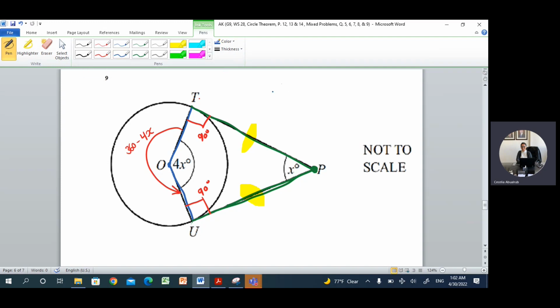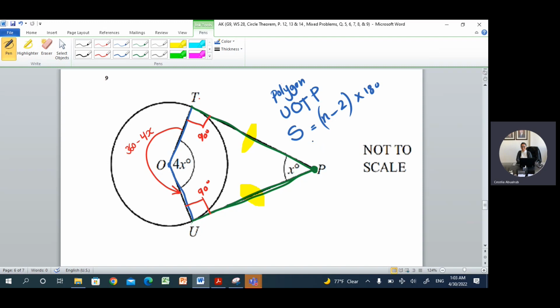Okay, let's start with the polygon, and you can name it UOTP. The sum of angles in a polygon is equal to number of sides minus 2 times 180, and the number of sides, 2 radiuses and 2 tangents, so it's 4.